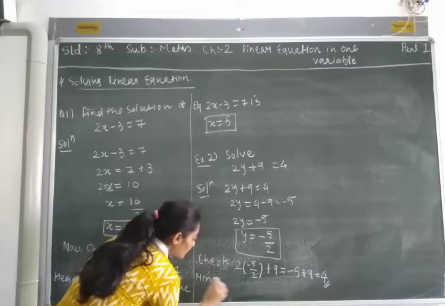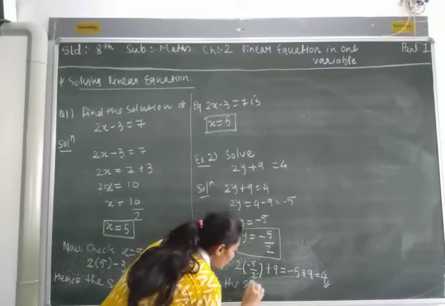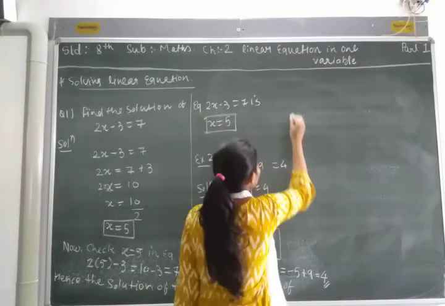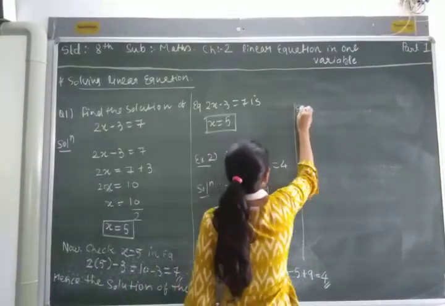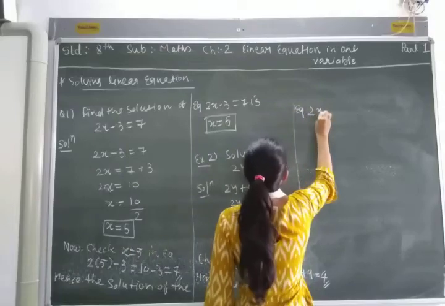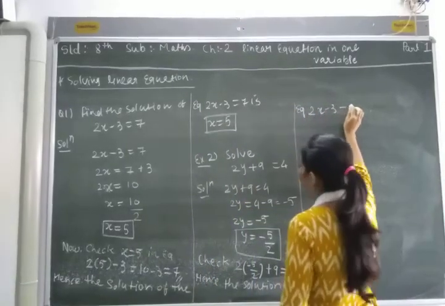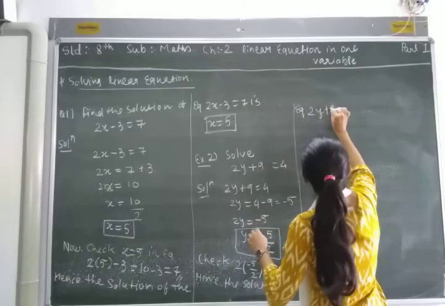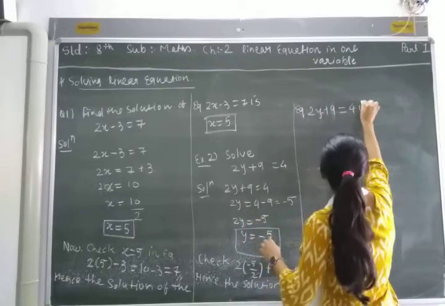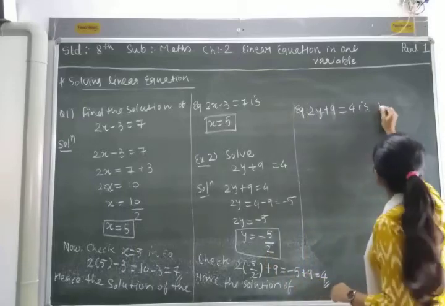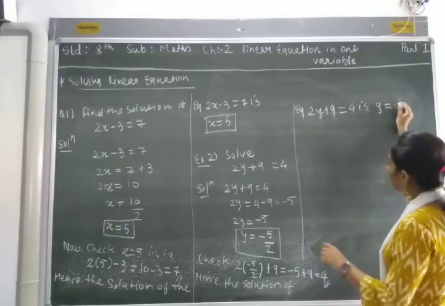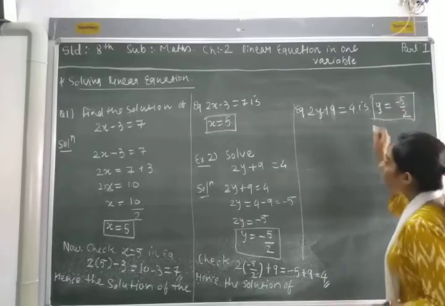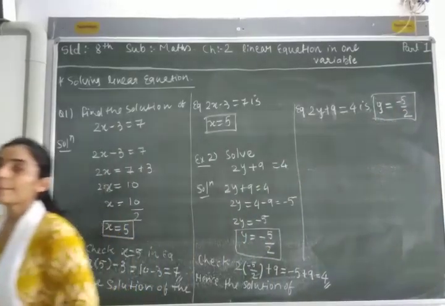Hence the solution of the equation 2y plus 9 equals 4 is y equals minus 5 by 2. I hope you are getting it.